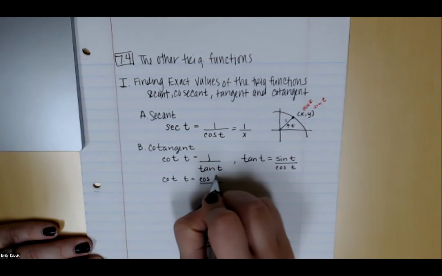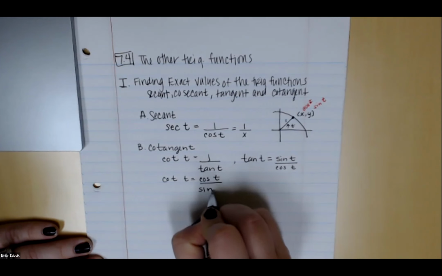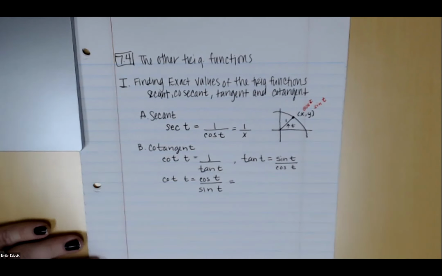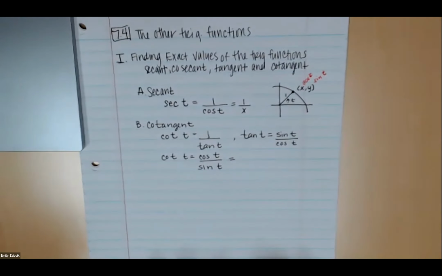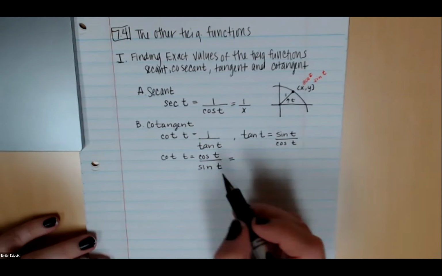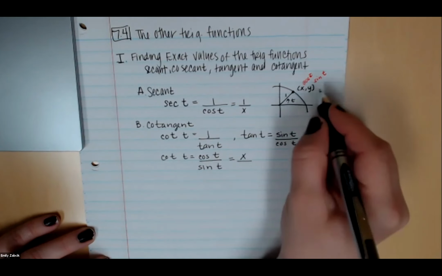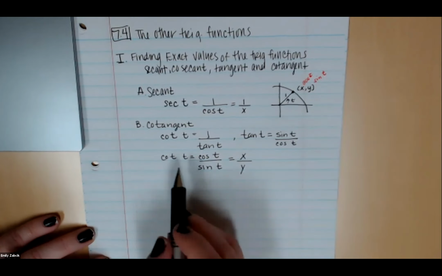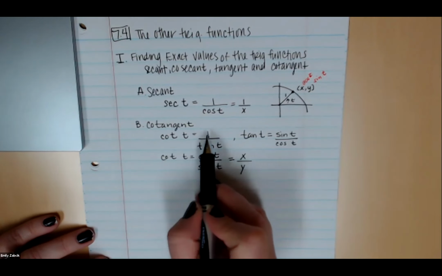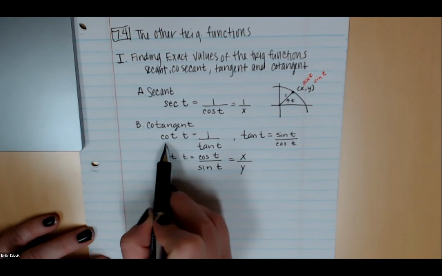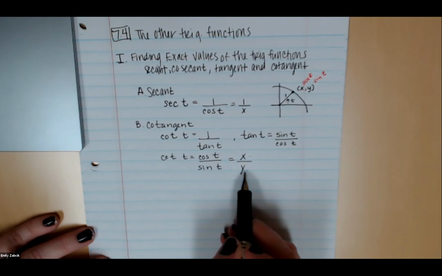And so this would give me cosine on top, sine on bottom. Now the whole reason I want to do that is I want to relate cotangent in relation to my x's and y's. So cosine is equal to x and sine is equal to y. So cotangent is 1 over tangent, is cosine over sine, but cotangent is x over y.